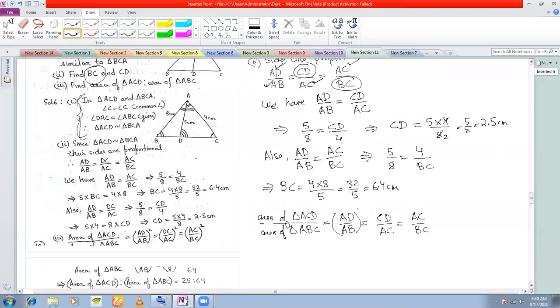Square of all this. And which one do I know? I know the first ratio, AD by AB. So I'll consider that ratio. AD by AB whole square. And how much is AD by AB? 5 by 8.